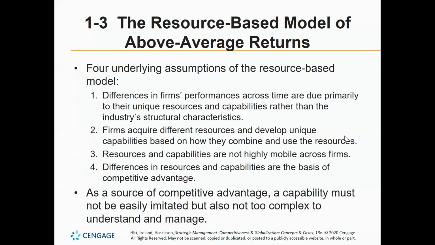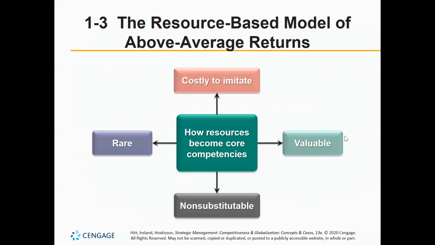As a source of competitive advantage, a capability must not be easily imitated, but also not too complex to understand and manage. For a capability or a resource to provide a core competence, it must be rare, valuable, costly to imitate, and non-substitutable.